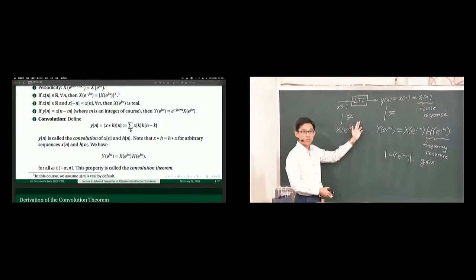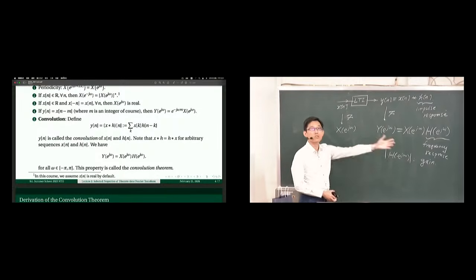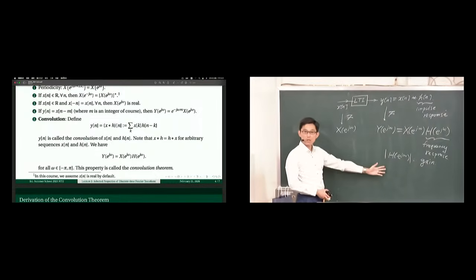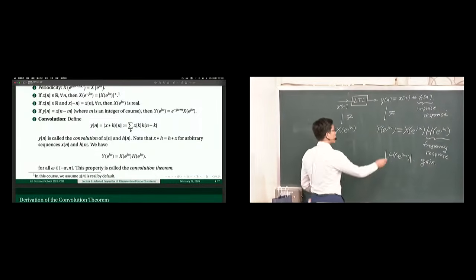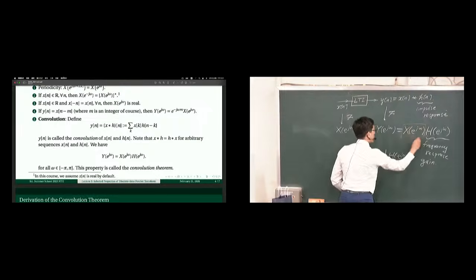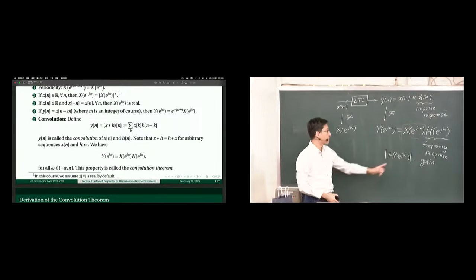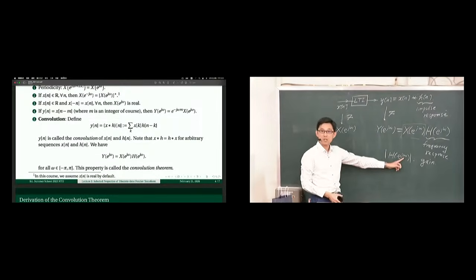But in digital, in discrete time, we have a very similar situation. We can have a linear time invariant system which gives you a gain as a function of frequency. Maybe it's a low pass, it's a high pass, and so on. It tells you how much amplification the signal receives if its frequency is omega.